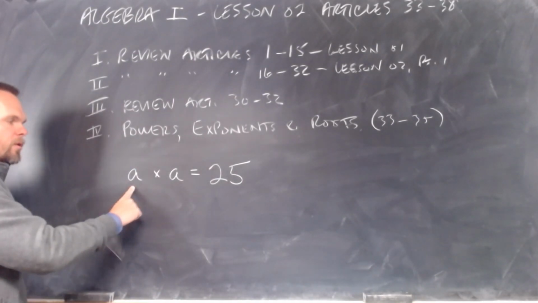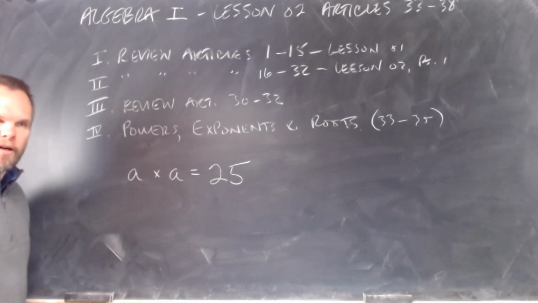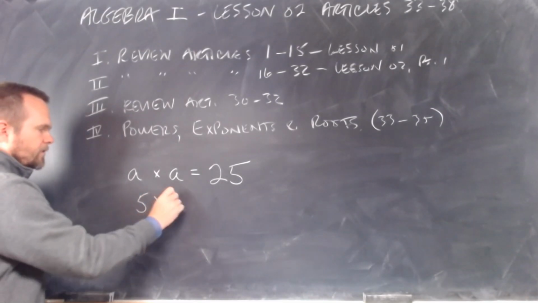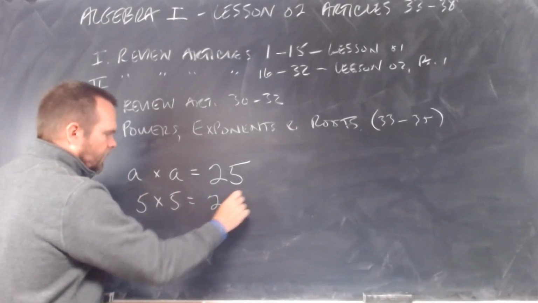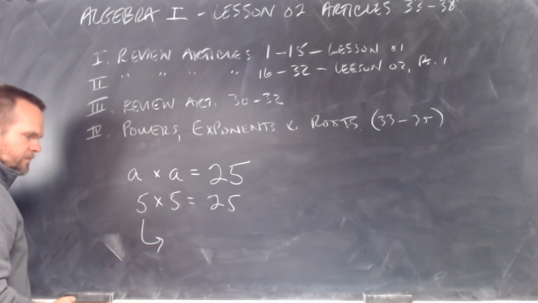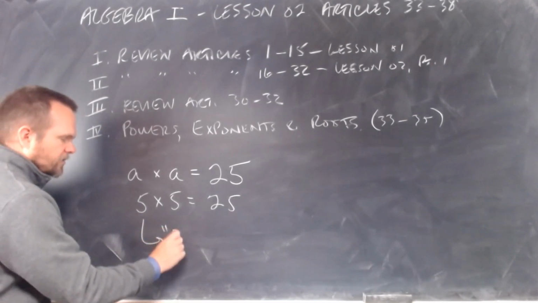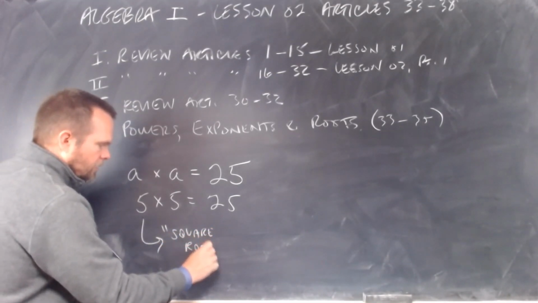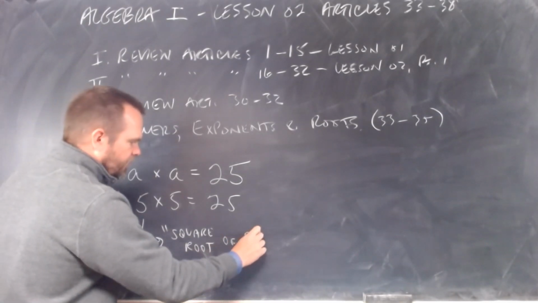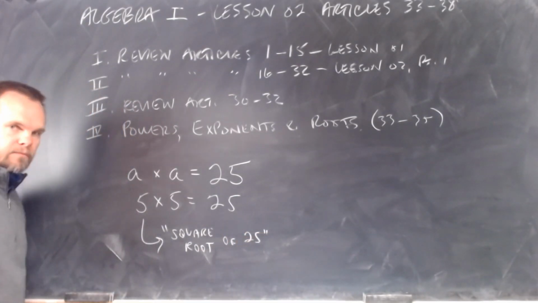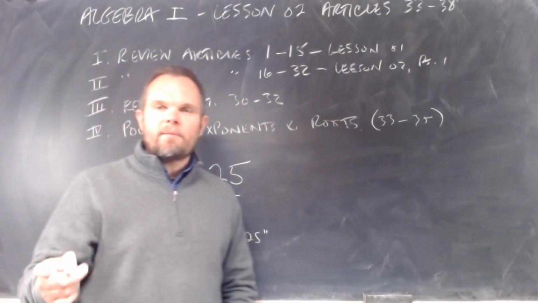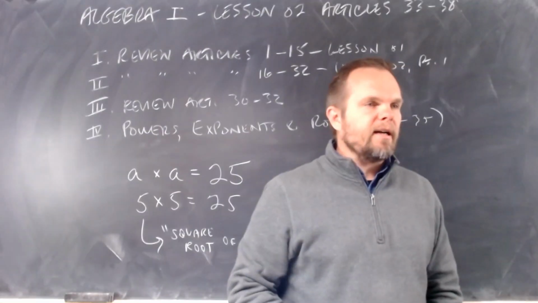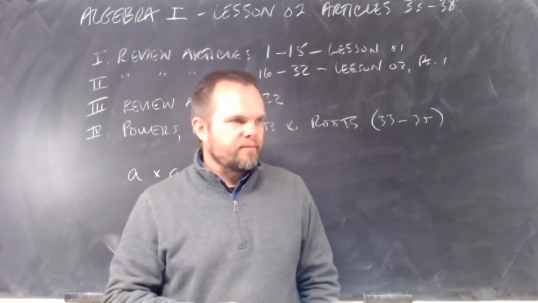What number multiplied by itself equals 25? What's the answer? 5, okay? So we know that 5 times 5 equals 25. So 5 is called the square root of 25. So the root of a number is the number that multiplied by itself a certain number of times produces that quantity.